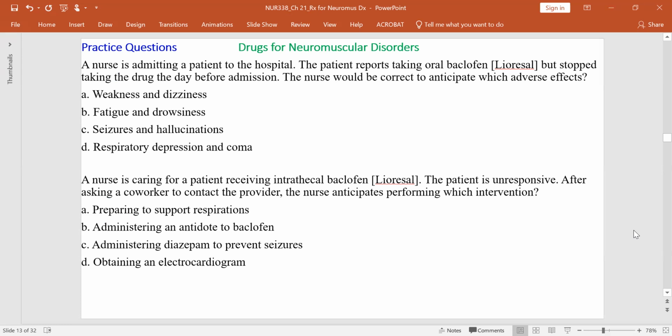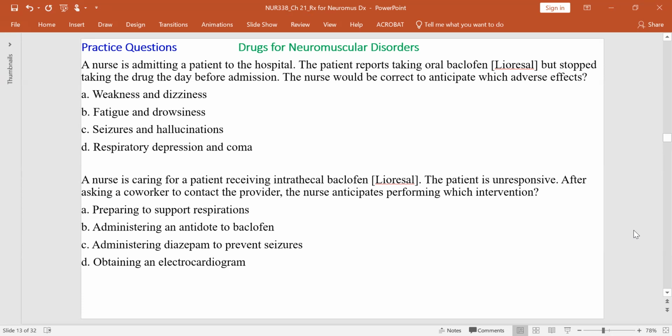And later on, we'll talk about the intrathecal withdrawal. So this is the other route of administration, whereas the oral baclofen is going to result in different manifestations or different adverse effects. But the withdrawal of intrathecal baclofen will lead to rhabdomyolysis. So here we said the abrupt discontinuation of baclofen is associated with visual hallucinations, paranoid ideation, and seizures.